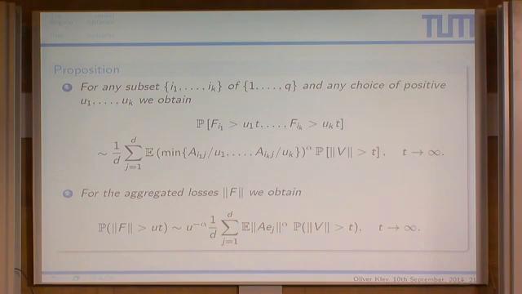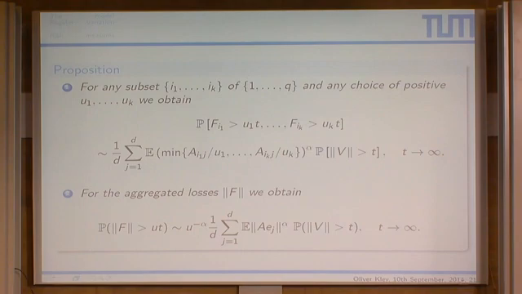So if you take any aggregation function f, then it scales like a constant times the tail probabilities of the object vector. And for one, it's certainly of interest to look at a singleton here. So what is the probability that f_i is greater than u? And this is just the sum over j equal 1 to d of the expectation of A_ij to the power of alpha, over u to the power of alpha.